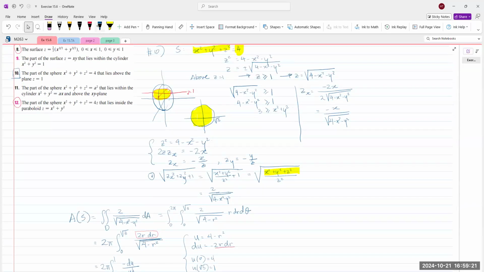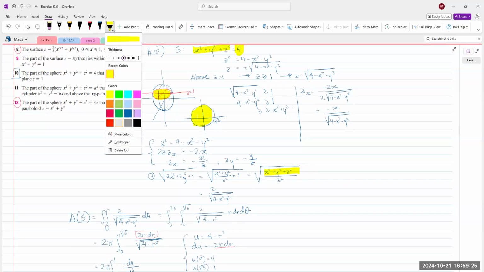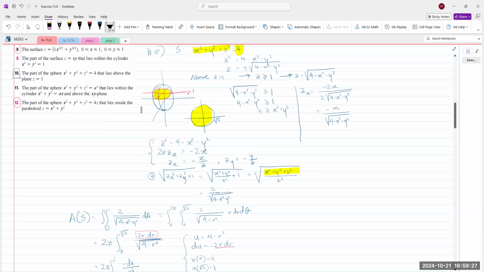By the way, we are basically getting the area of this part here. If you have a circle with radius 2, we only get the one.